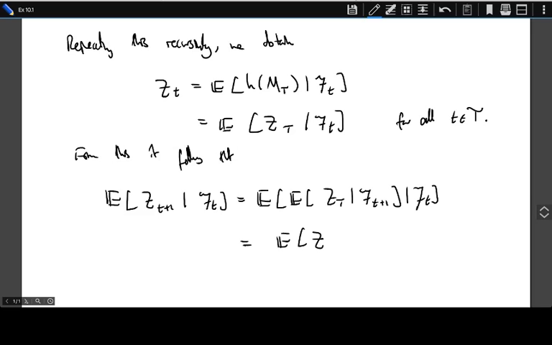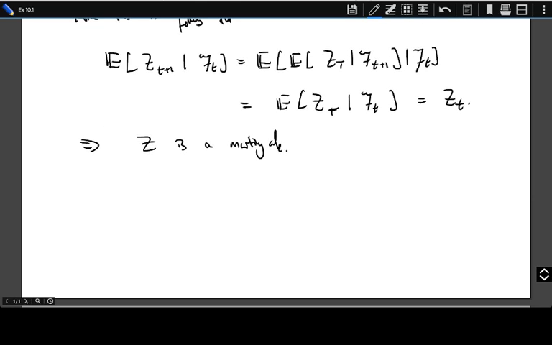In fact, this is directly using the expression above and then applying the Tower law. So in the first step we use the expression above at time t plus 1, the second step the Tower law, the third step the expression above, but this time at time t. This is true for all times, and thus Z is a martingale. That is the martingale property, and we already proved the properties of being adapted and being integrable.